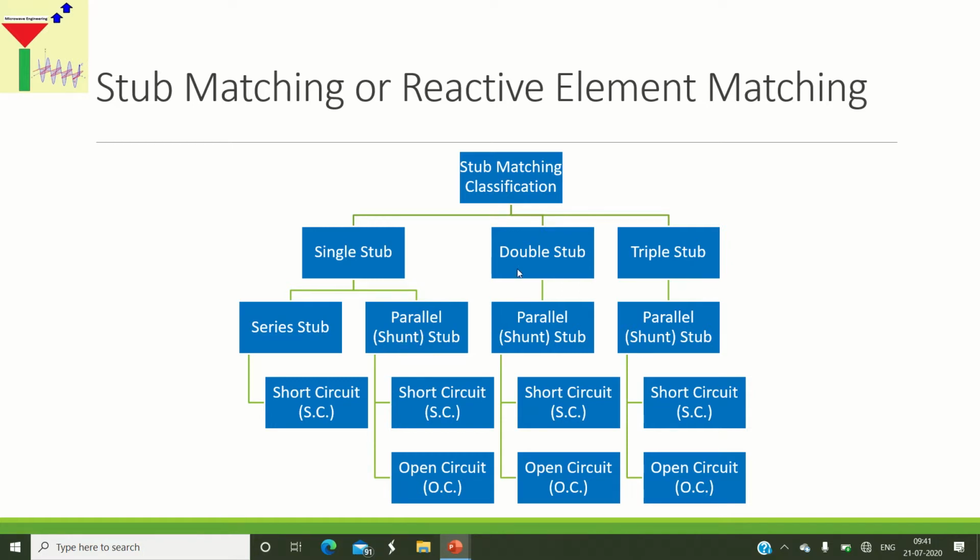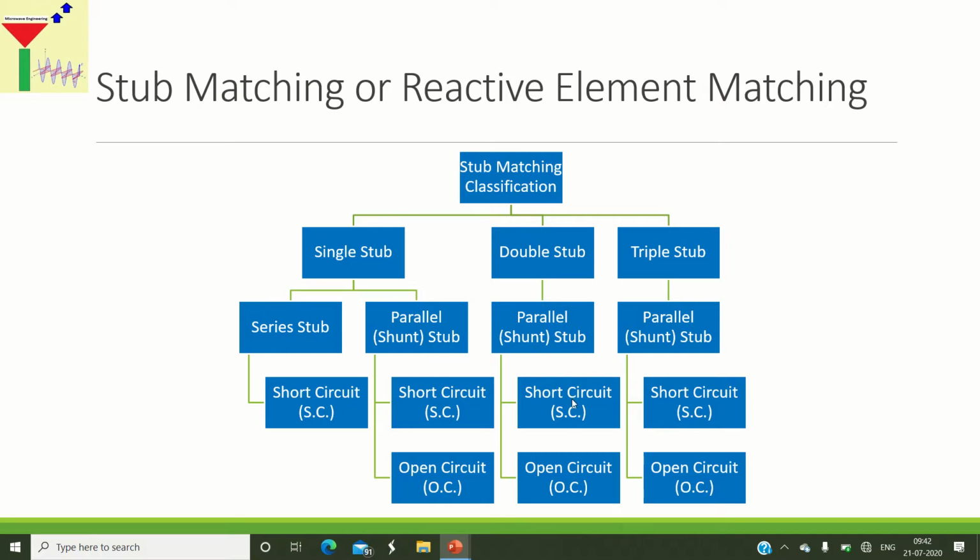Okay. Now similarly, the series stub can be designed by making use of a short circuit configuration. And similarly, the shunt stub or the parallel single stub can be designed either in a short circuit configuration or open circuit configuration. Okay. In the double stub, normally a series double stub is also possible, but normally a parallel or shunt double stub is preferred over the series stub.